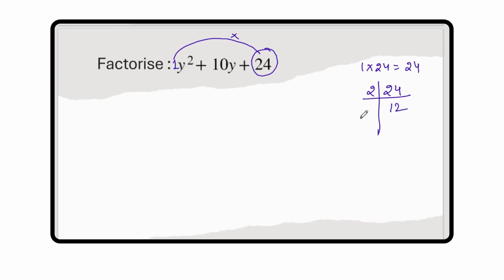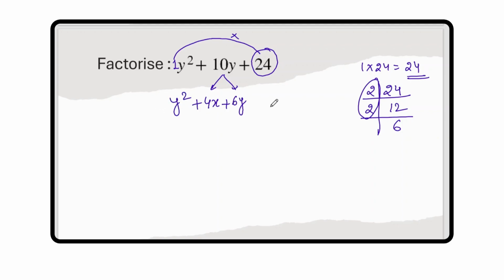Then if I divide by 2 more, then it is 6. Now you can see 6 plus 4 will give us 10, and the multiplication 6 into 4 is 24. So I can write this 10y as 4y plus 6y, and the rest of the things can be written as it is.